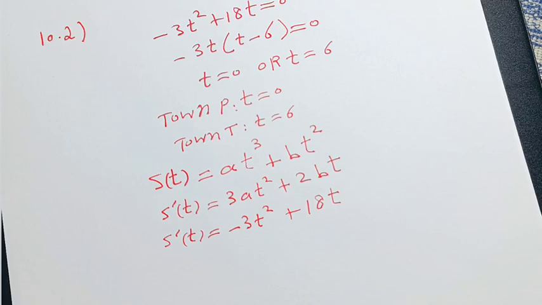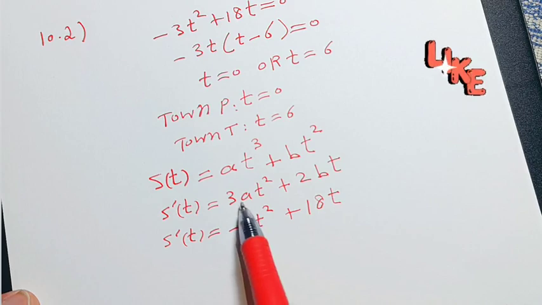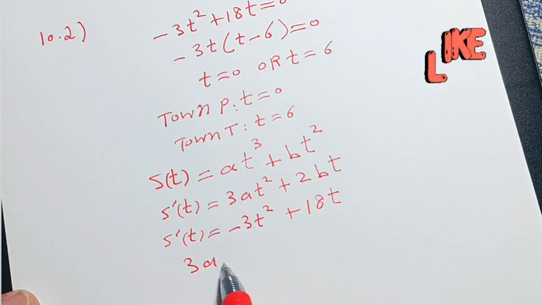Now I'm gonna equate the coefficients. So 3a is going to be equal to negative 3.